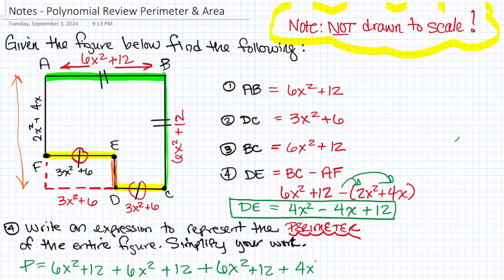We have to do 4x squared minus 4x plus 12, and then plus AF, so 2x squared plus 4x.